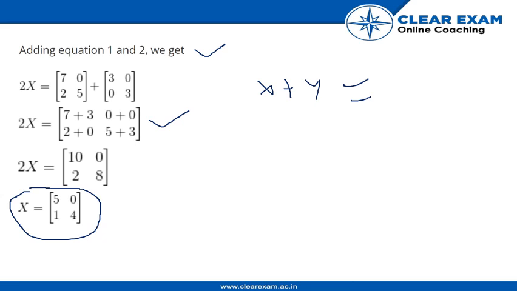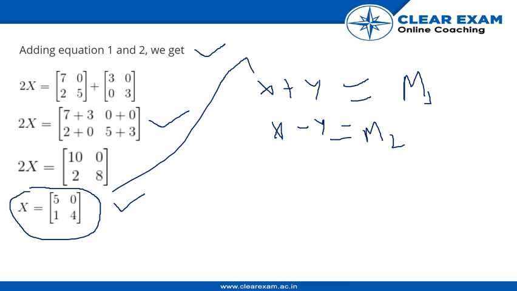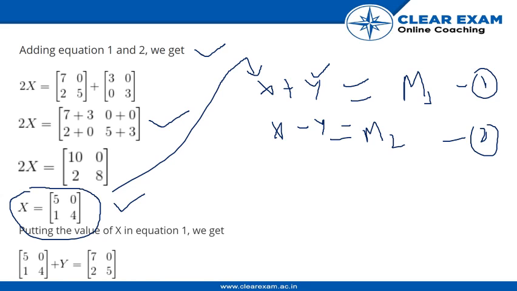We were given x plus y is equal to matrix 1, x minus y is equal to matrix 2. Since we have x, we can put x here and find y. Or another thing we can do is subtract equation number 2 from equation number 1. So let us see how they have done it.